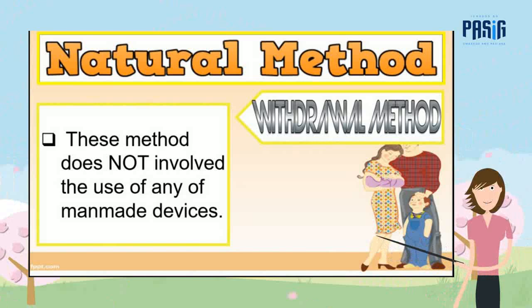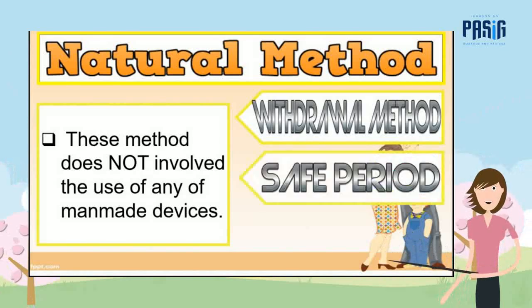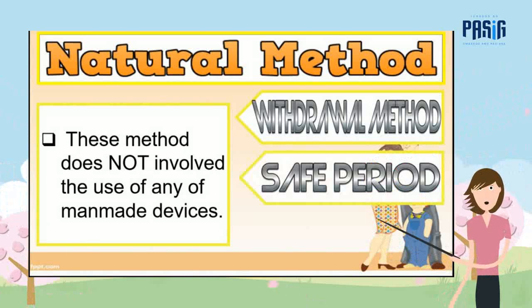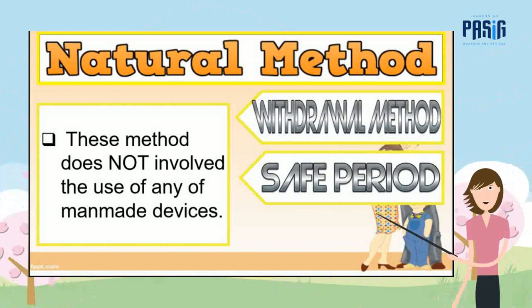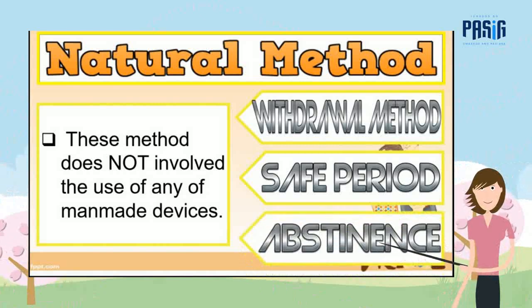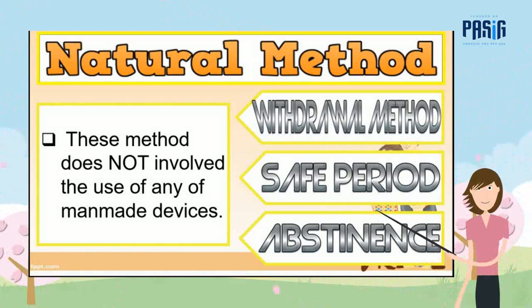In this method, the penis is withdrawn from the vagina before ejaculation. Next is the safe period. Based on the process of ovulation and menstrual cycle, which help in determination of safe period when coitus can be done and unsafe period when the coitus can be avoided to prevent pregnancy. Next is abstinence. This is the best form of the natural method. This involves complete avoidance of sexual activity.